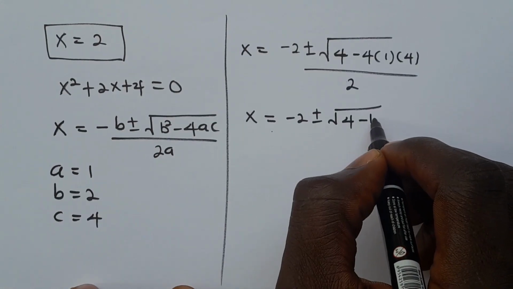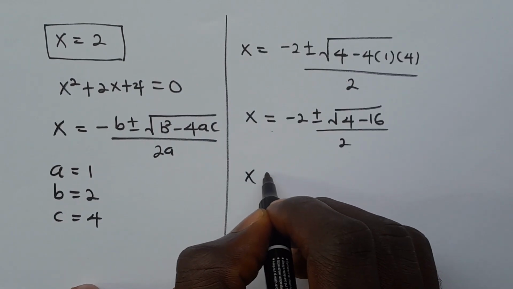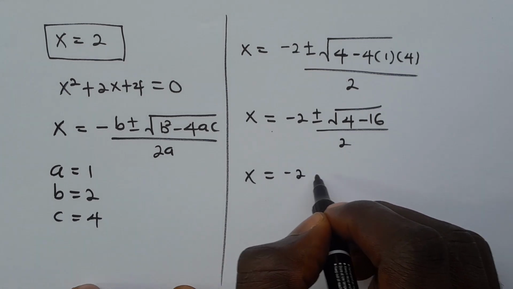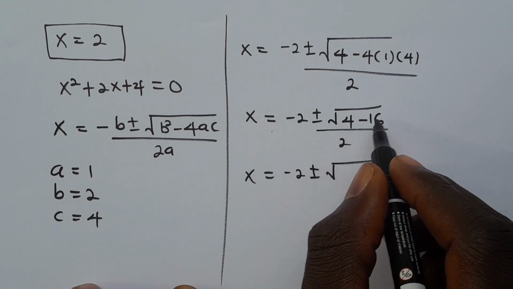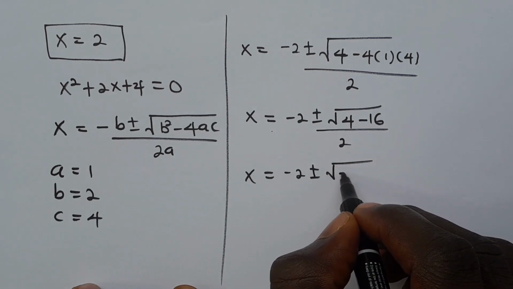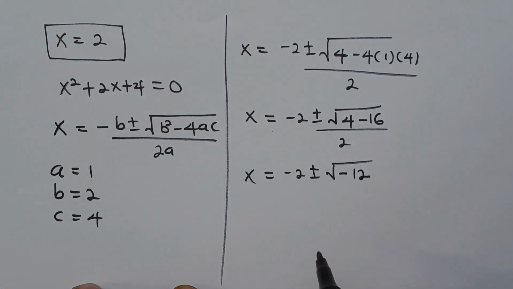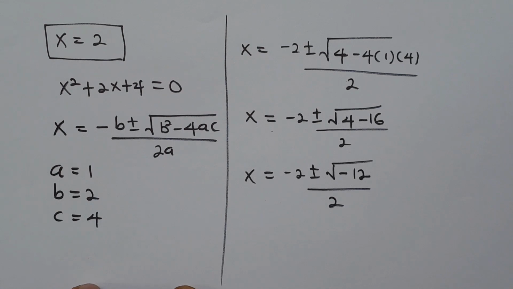So it will now be 4 minus 16 divided by 2. Then x will now be minus 2 positive or negative, square root of 4 minus 16 will now be minus 12, divided by 2.